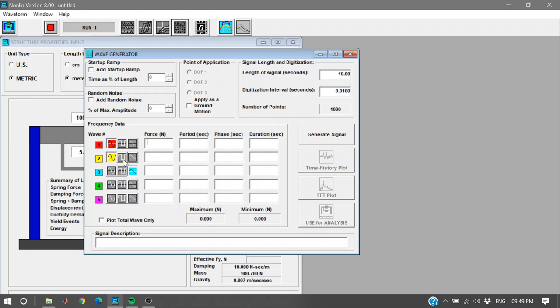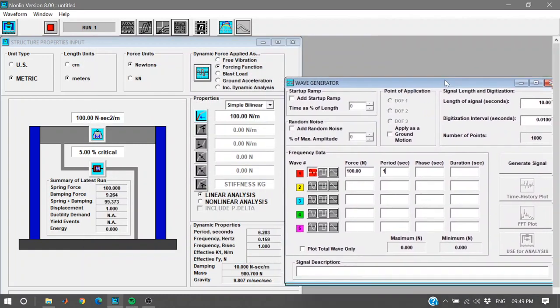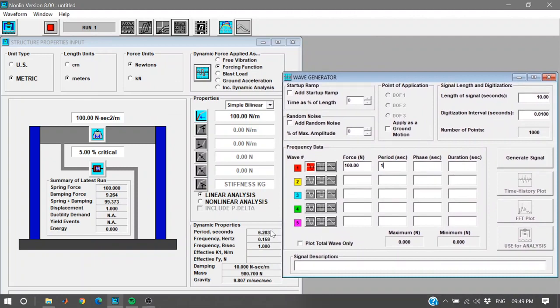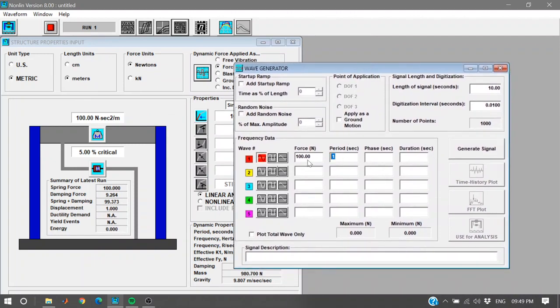Let us say for the time being I just want a sinusoidal wave. So the forcing function or the force magnitude, let us say I want it as 100. The period should be 1 second. See, the natural period of our system is 6.28. So let us consider our forcing period to be 5 seconds.